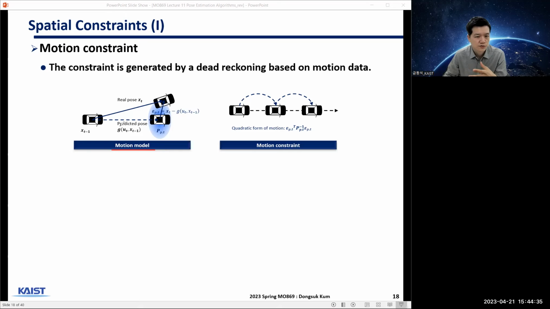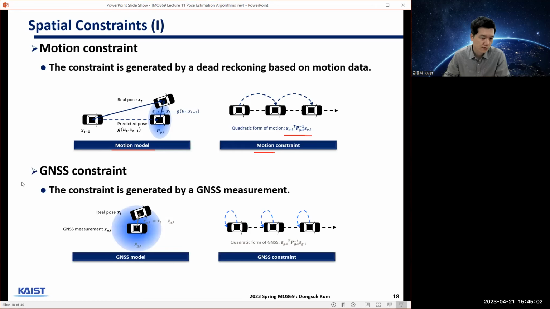That will give you a distribution over the space after some time step, and we can create this term for the motion cost.